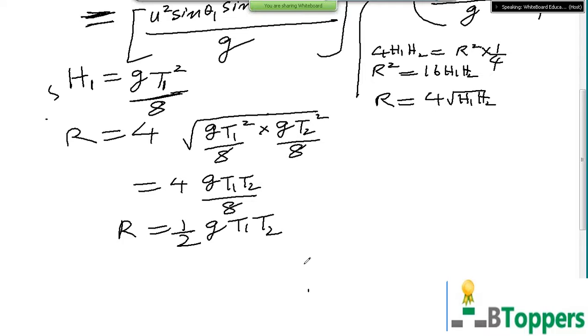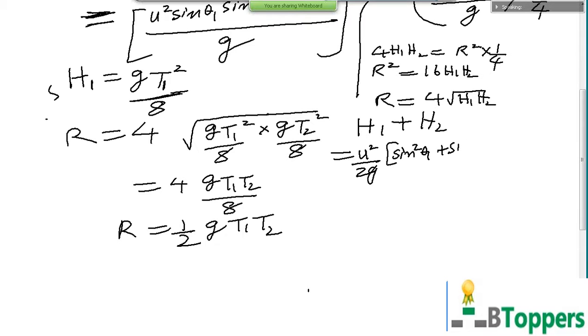So you can also solve the problems. You may be asked to find some of the maximum heights in terms of the initial speed of projection. In that case, h1 plus h2 can be written as: h1 equals u square sine square theta 1 by 2g, and h2 equals u square sine square theta 2 by 2g.